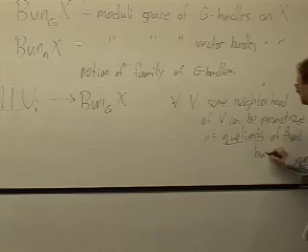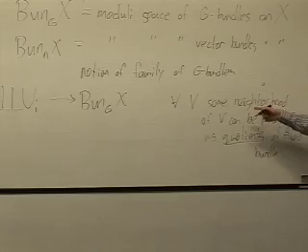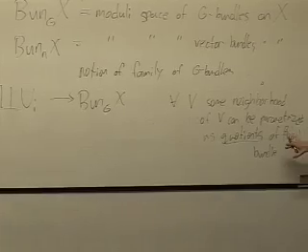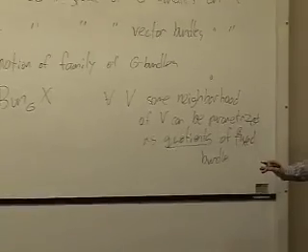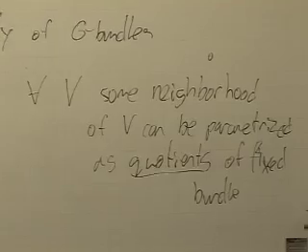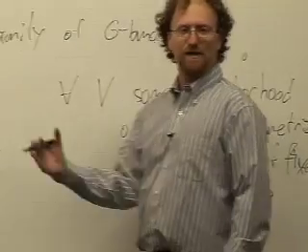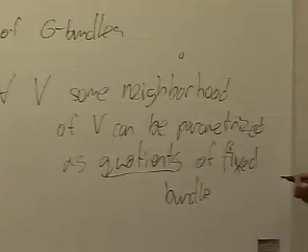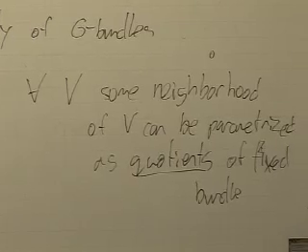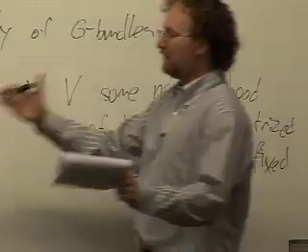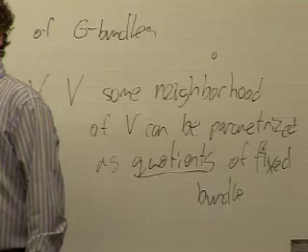So what does this mean? For any deformation of V in an open set, you can realize it in terms of some nice family: take a fixed vector bundle and look at all of its quotients, which are rank n vector bundles. So this is why this is a nice space, because quotients of a fixed bundle form a nice variety, and any bundle has an open piece covering it that looks like that.